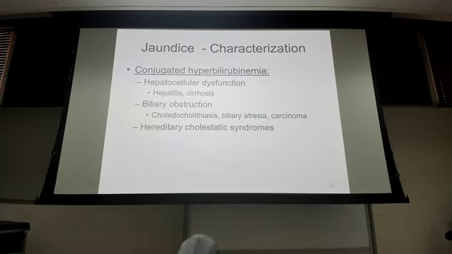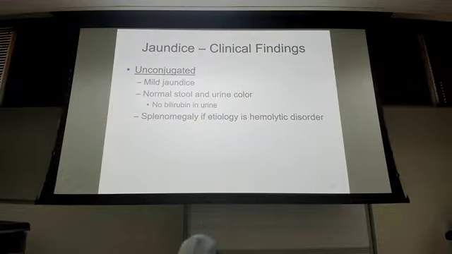But that can also cause conjugated hyperbilirubinemia, and cancer, which is our next to last lecture this week. And then a whole slew of hereditary cholestatic syndromes, a whole bunch of diseases that affect the gallbladder, which is 2 or 3 lectures from now. So with that, we'll go ahead and stop, take a 10-minute break, and come back and finish up.